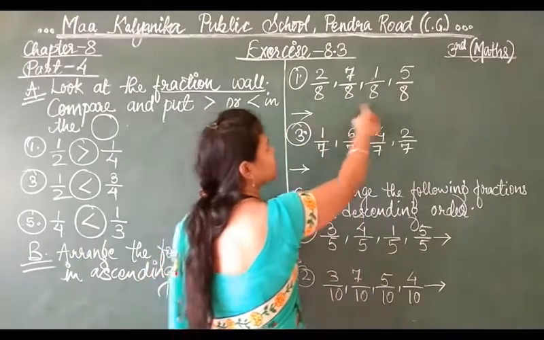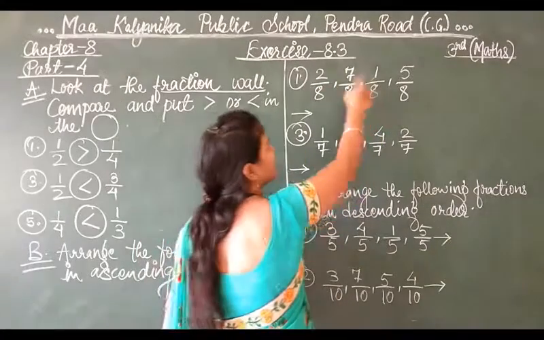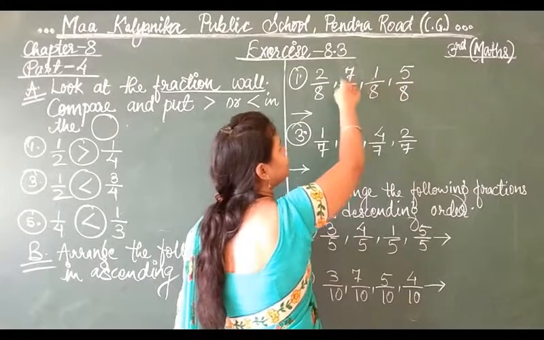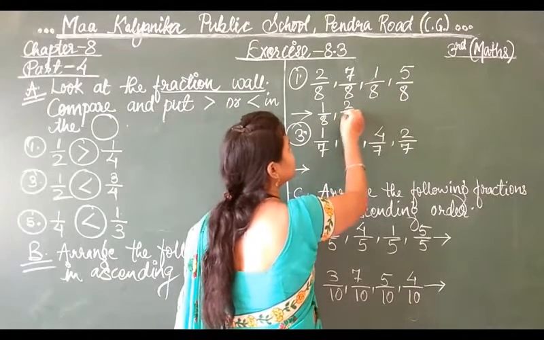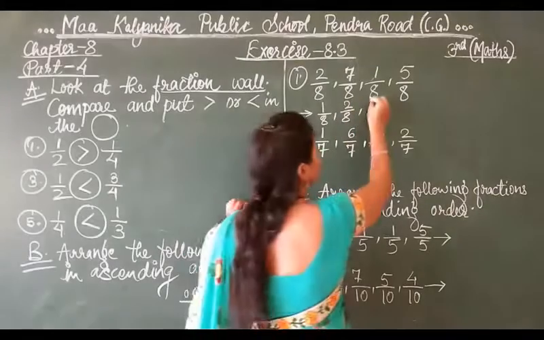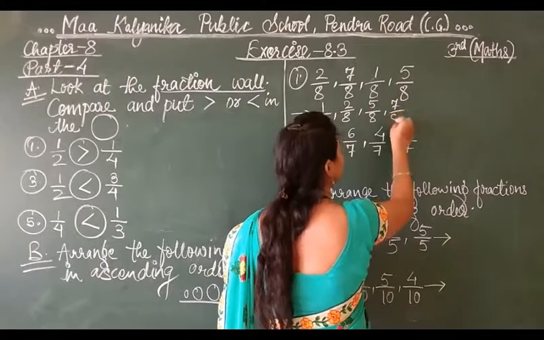So see students, 8 is there. The smallest number out of this will be 1, then 2, then 5, then 7. So 1 by 8, then 2 by 8, then 5 by 8, and then 7 by 8.